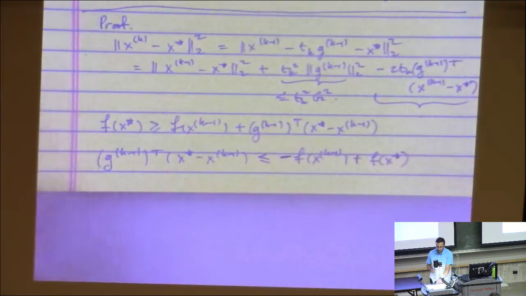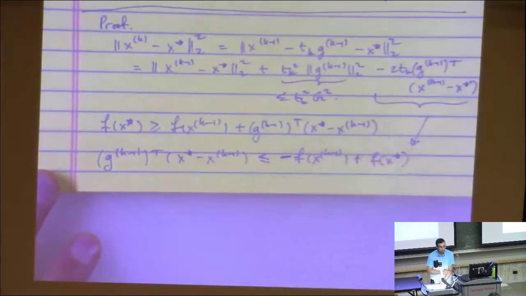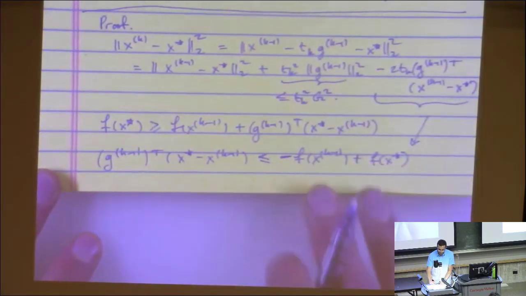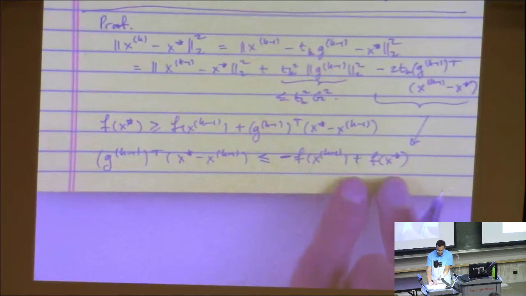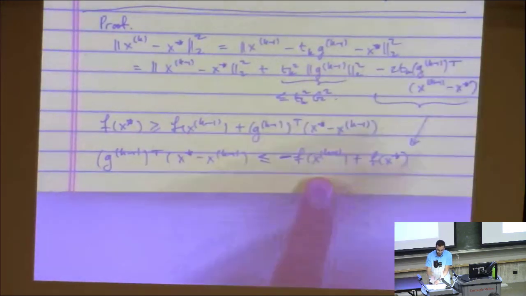Okay, I've just put this to the other side. So I'm just going to basically apply this upper bound to this term. That's all I'm doing. And I'm going to get a difference of criterion values in place of this term times 2 times tk.